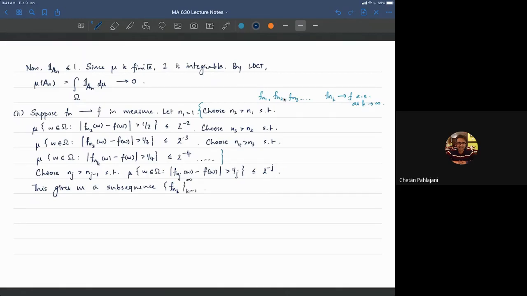And now we claim that this subsequence has the desired properties. I've been using j everywhere, right? So why don't I just stick to j? So now we claim that f_{n_j} converges to f almost everywhere as j goes to infinity.